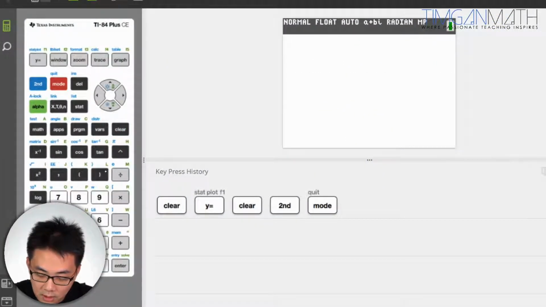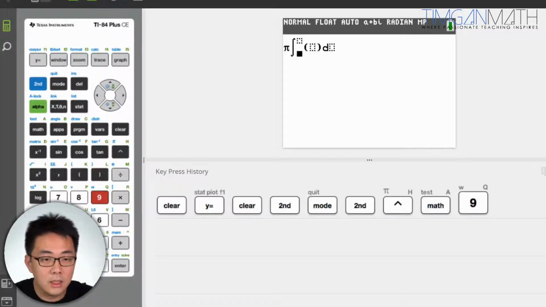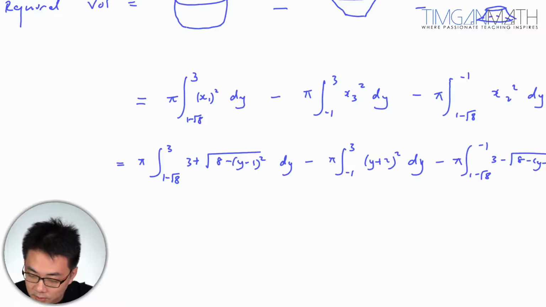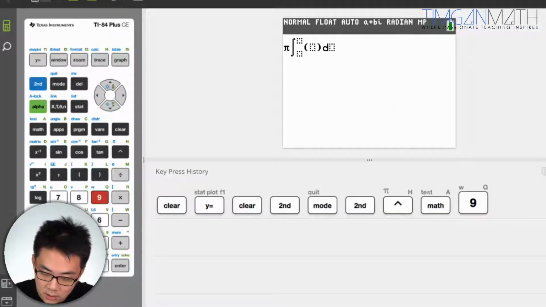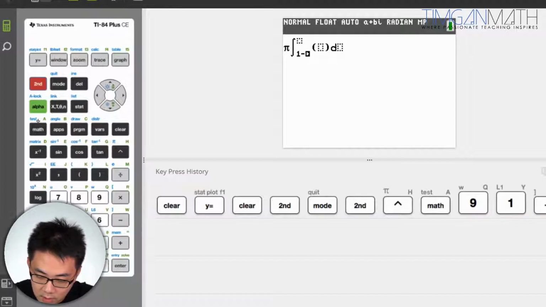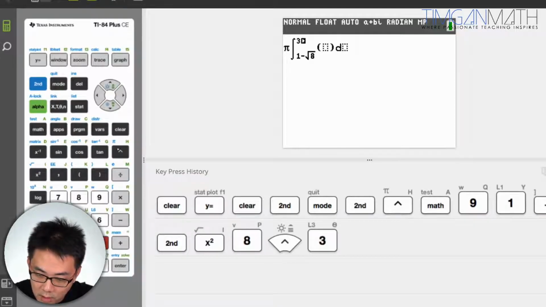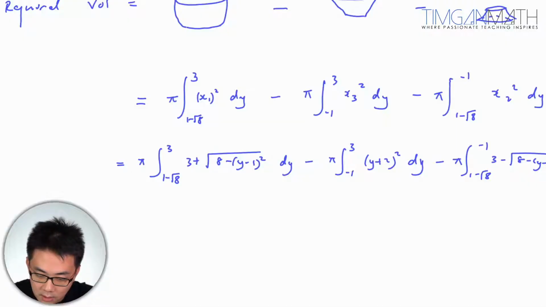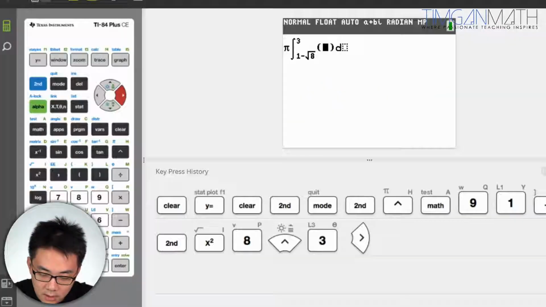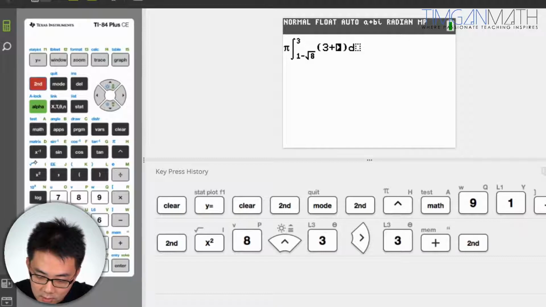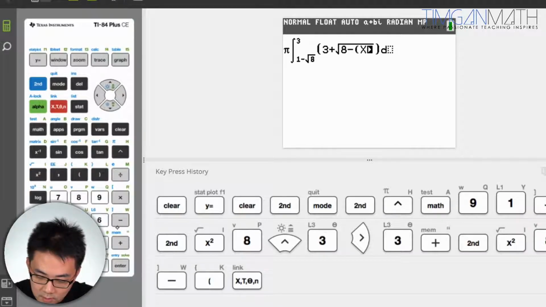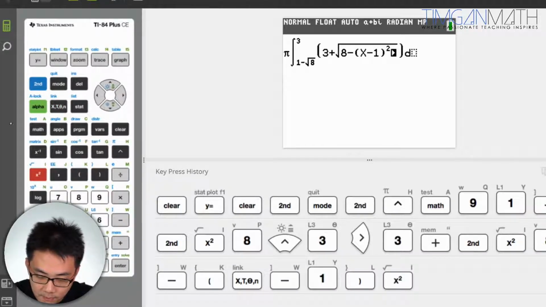So just key in pi and everything. I'm going to slowly key this in. 1 minus root 8 to 3, and that will be 3 plus root 8 minus (y minus 1) squared.